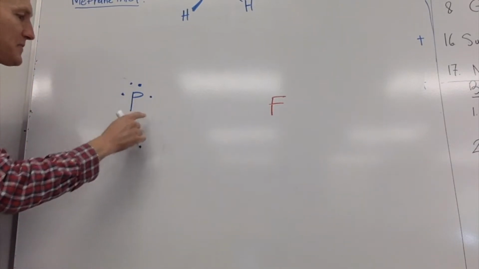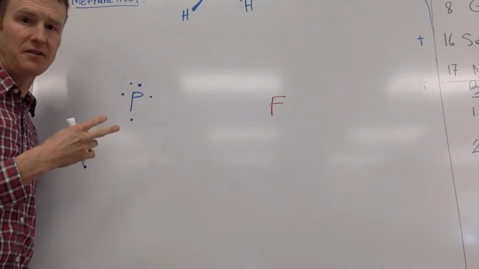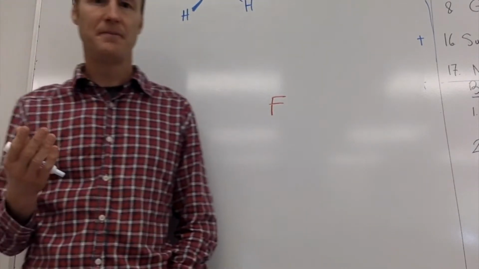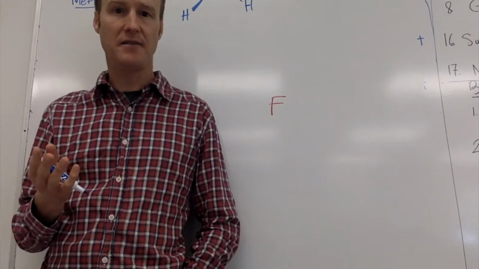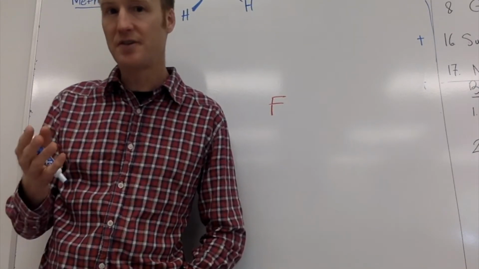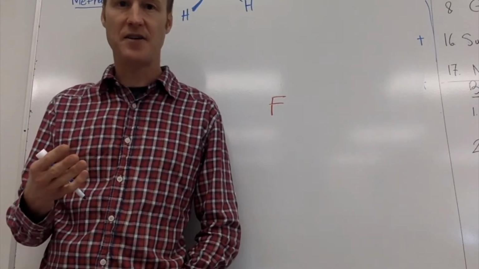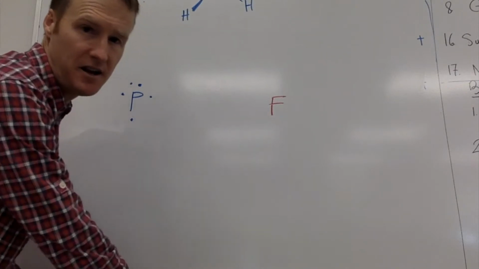Notice I've got 3 spaces where there's only 1 electron, low in electrons. In order to satisfy the octet rule, phosphorus is going to need to fill that with electrons to get its required 8. It's going to be, in other words, able to form 3 single bonds to satisfy that rule. How about fluorine? Fluorine is a halogen.